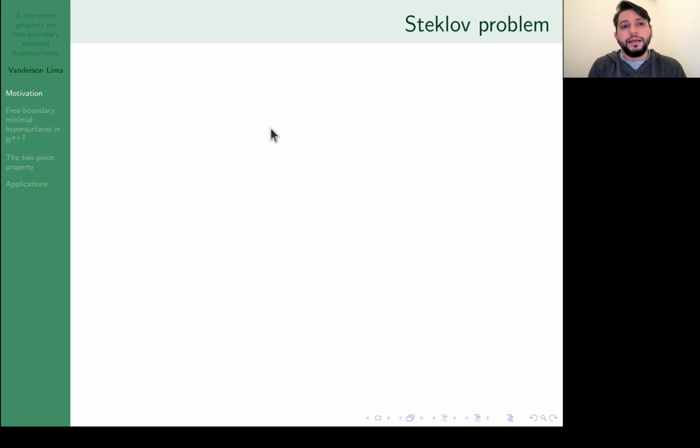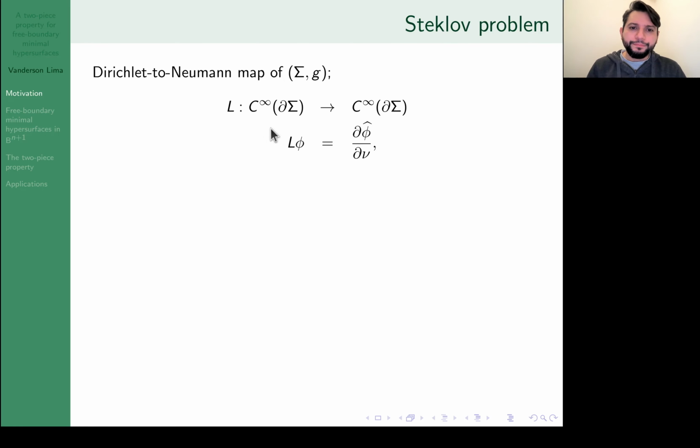So another motivation, which is from an analytical problem, and which is very specific to the case of the Euclidean ball, is the following. Here sigma is some compact manifold with boundary endowed with some Riemannian metric.